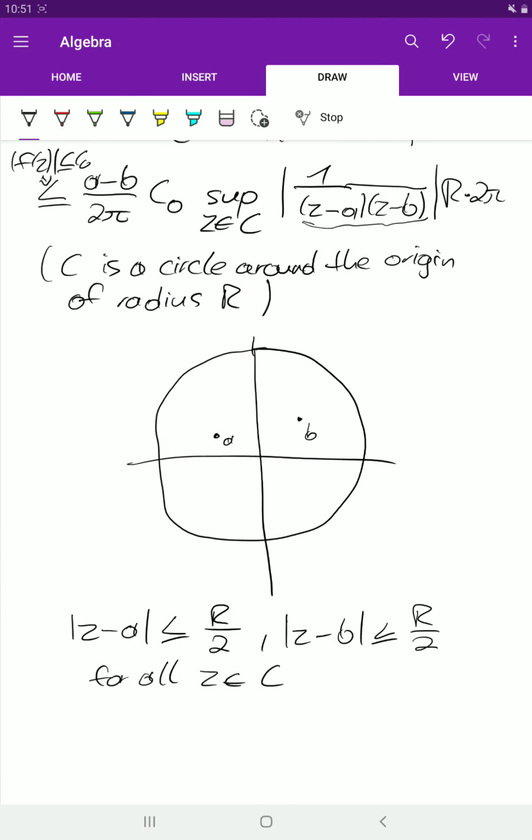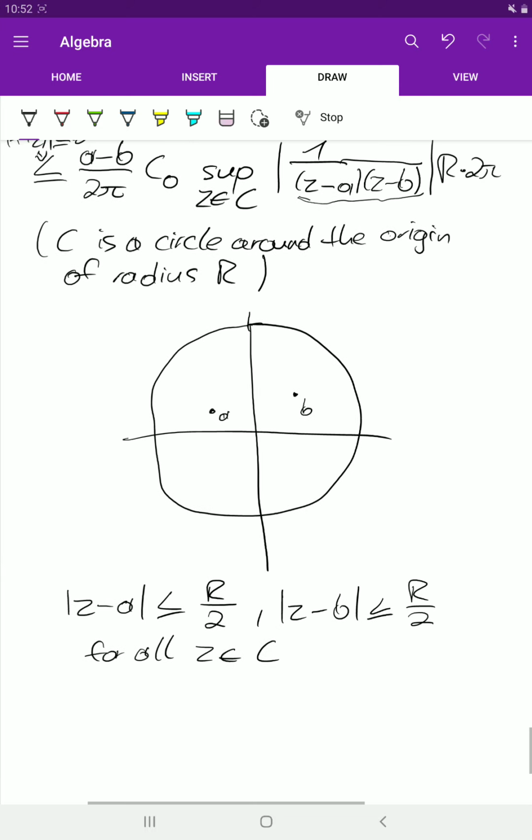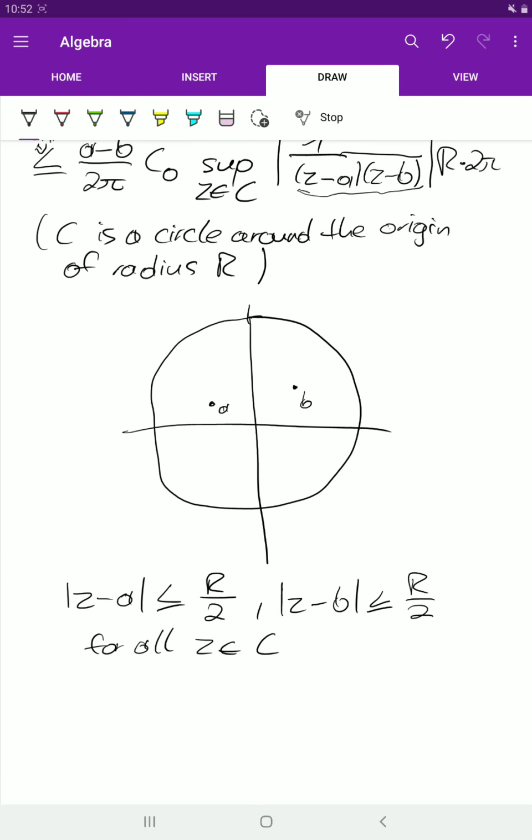So we want to have that, so that we get an r squared in the denominator here. And so that's this. Wait, sorry, that's wrong. So we want this to be at least.